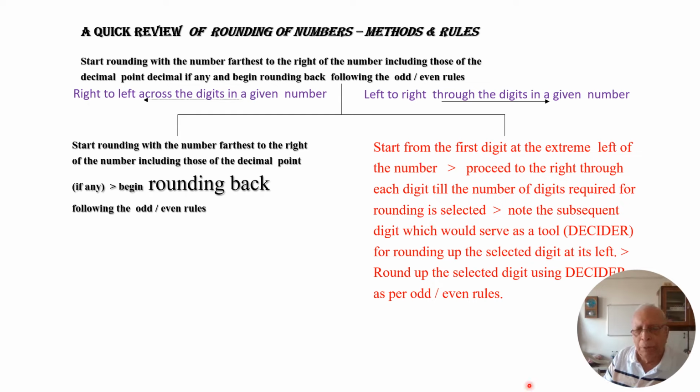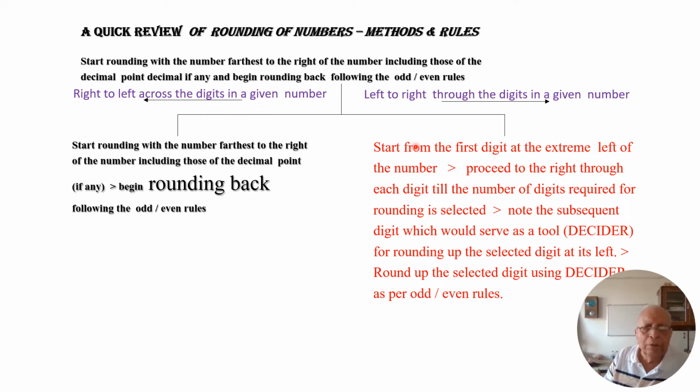Well, it depends upon the type of number and the number of digits required after rounding. So in the first case, you may start rounding with the number farthest to the right of the number, including those of the decimal point, if any. Begin rounding back following the odd and even rules.